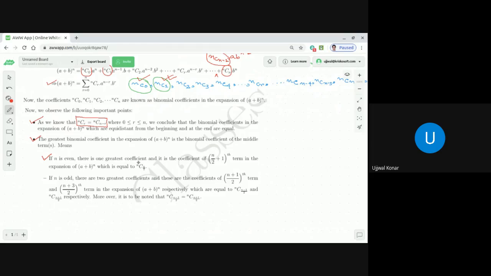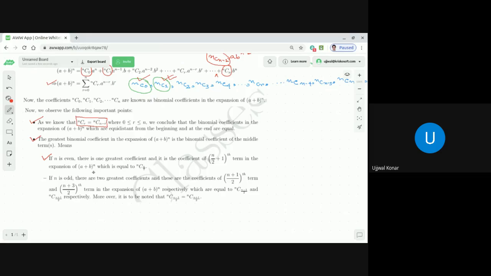there is one greatest binomial coefficient and it is the coefficient of the (n by 2 plus 1)th term in the expansion of (a plus b) power n, which is equal to nC(n by 2), correct or not? All of you got it?